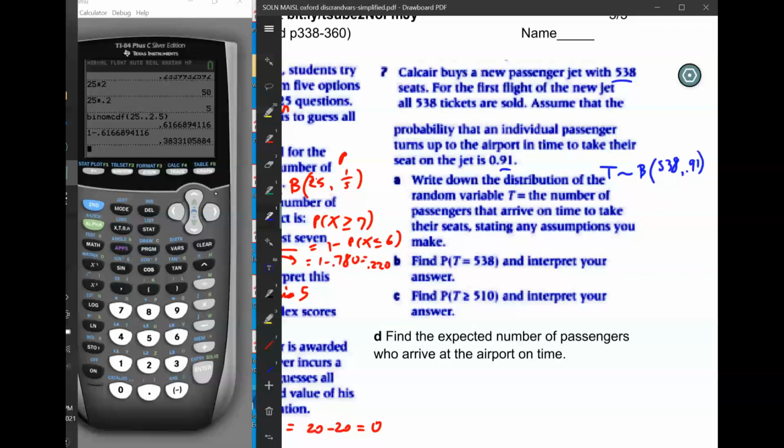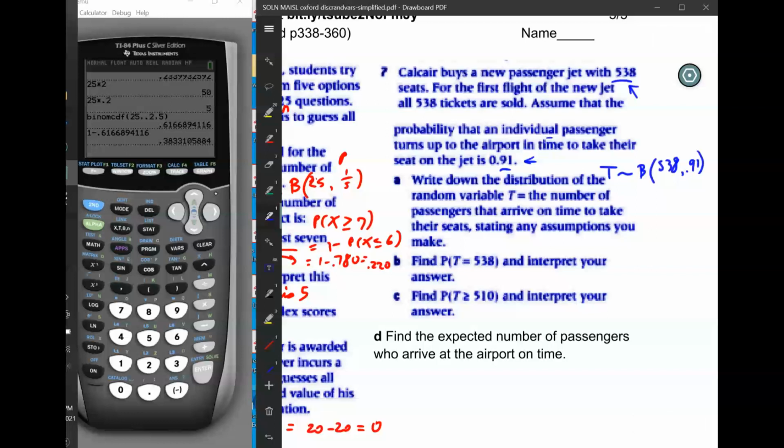Okay, and as far as assumptions, we know the information they gave us, which is that there are 538 separate tickets, and each individual passenger has a 0.91 chance of coming. The only thing you really need to assume is that each individual passenger coming is independent from the other individual passengers coming.